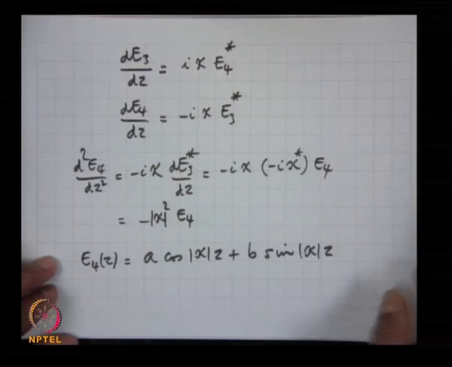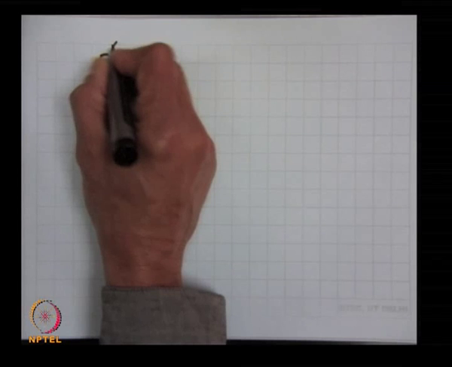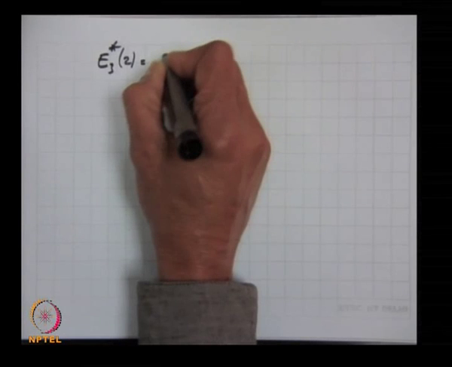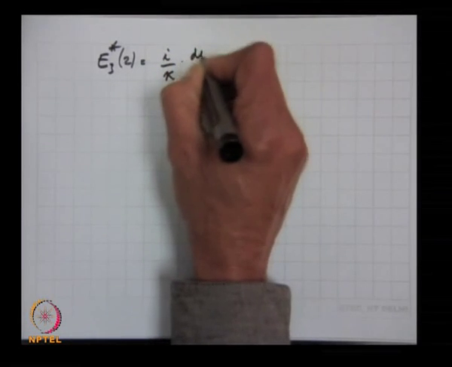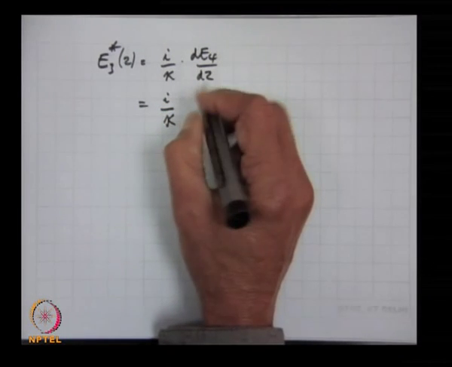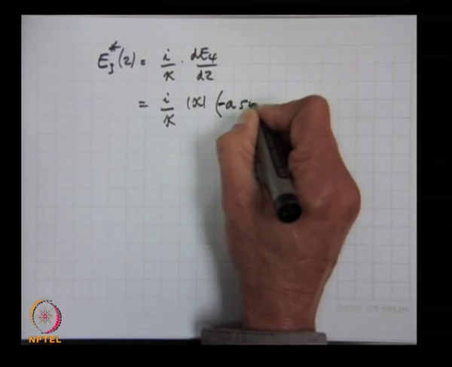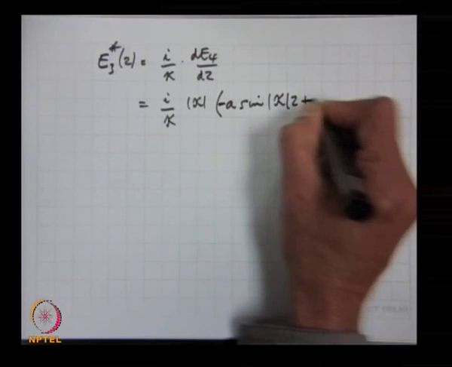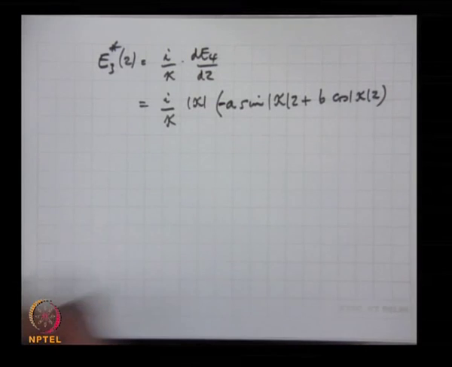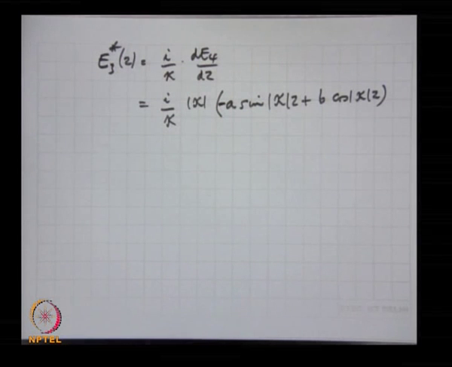E3 star of z will be i by kappa into dE4 by dz, which is equal to i by kappa into mod kappa minus A sin mod kappa z plus B cos mod kappa z. I've just differentiated this E4 and substituted here. So that's E3 star of z.